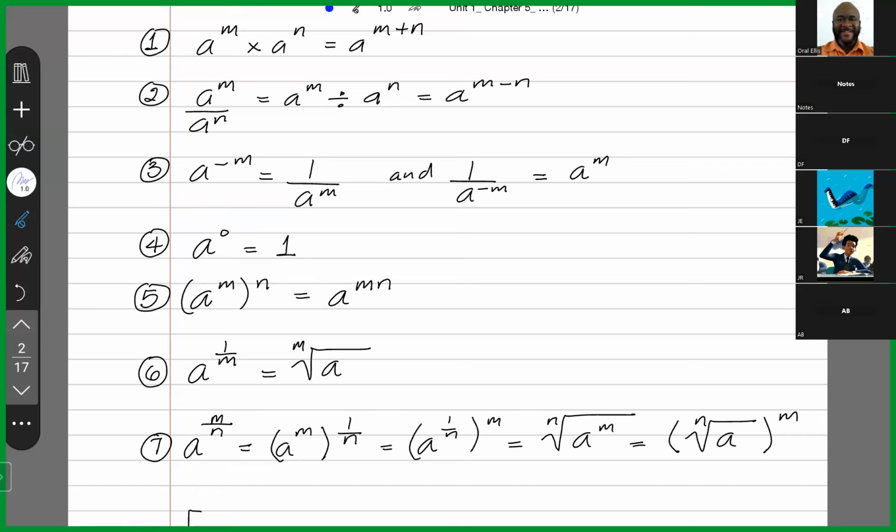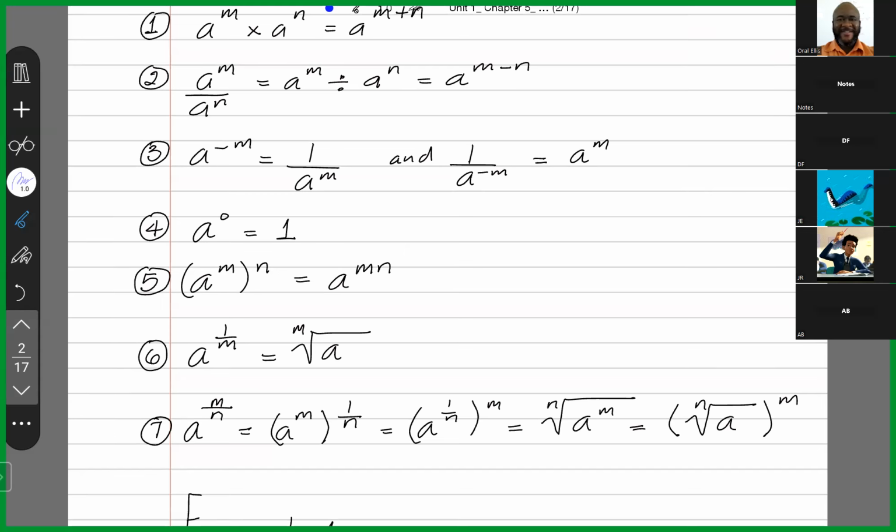So for example, if it's in the numerator and the power is negative, you can move the base to the denominator and the power becomes positive. If the base is raised to a negative power in the denominator, you can move the base to the numerator and the power becomes positive. All right, so that is something to note.